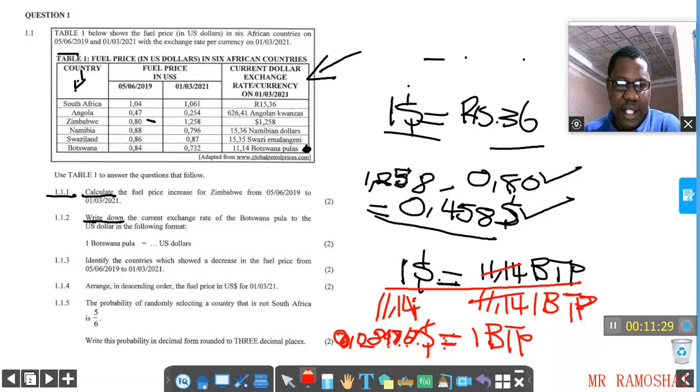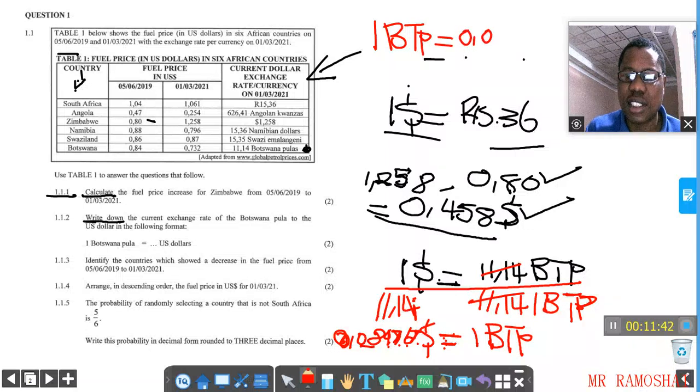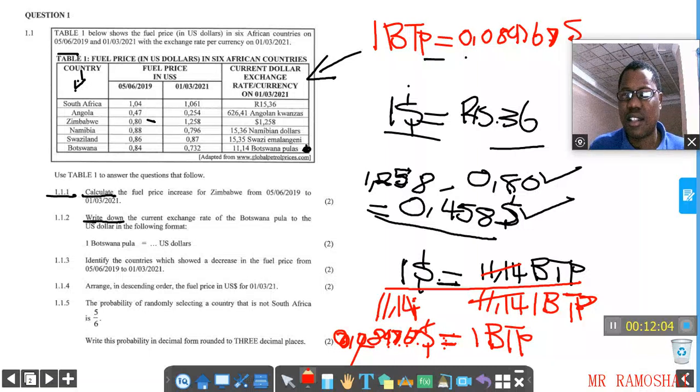The way they want it here, they say they want it as 1 Botswana Pula. So what can you do? You just change it now. You just say 1 Botswana Pula is equals to 0.0896 97 9767 dollars, right?